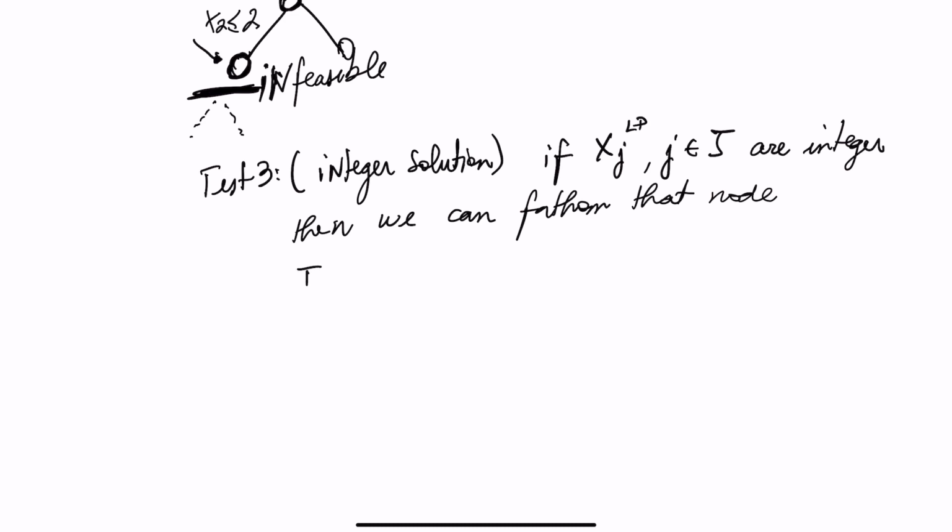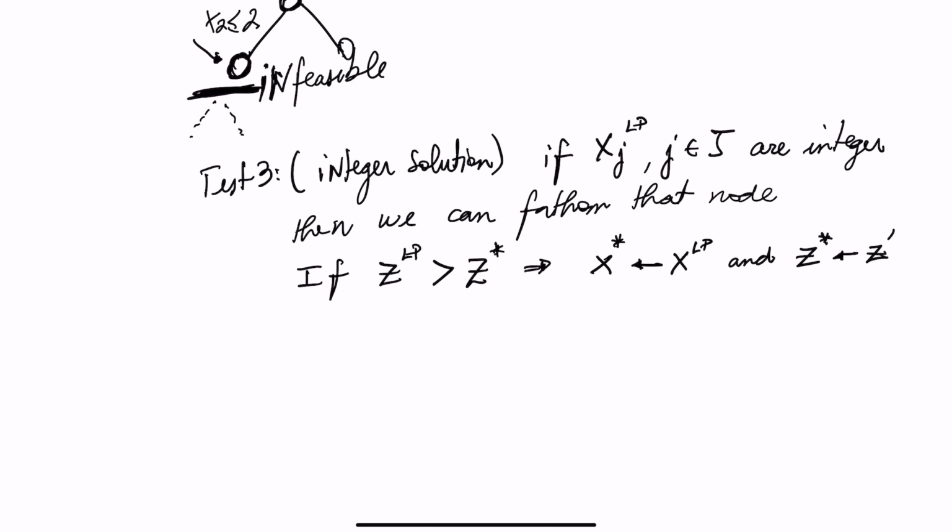And if the solution to that particular LP relaxation is greater than the incumbent solution, what I'm going to do is say that my new incumbent solution will receive the information that I just obtained with that LP relaxation, for the decision vector, as well as for my integer programming solution. Right?